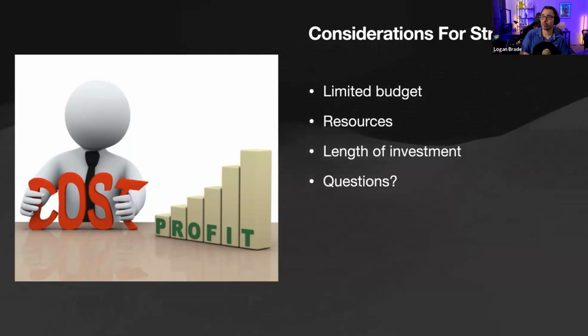Resources. Are you going to have to bring on more people, or are you good with the team you have? In our case, we were under the assumption that we were going to bring on people. That just didn't happen. We had this whole idea of what our resources would look like, and we didn't base it off of our existing team. If I could go back and change that, I would.